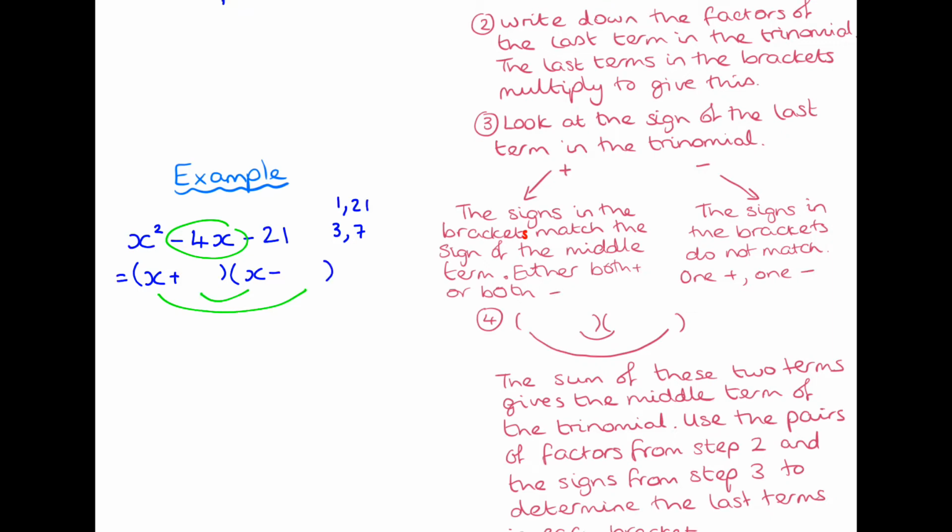Okay, so look at the numbers 1 and 21 or 3 and 7. We can't make 4 or negative 4 out of 1 and 21 regardless of the signs that we use. Okay, so it has to be the second pair. It's got to be 3 and 7. And because the combination is negative, the bigger number has to go with the minus. Okay, so we're going to put the 7 there and the 3 there, and we're going to check.